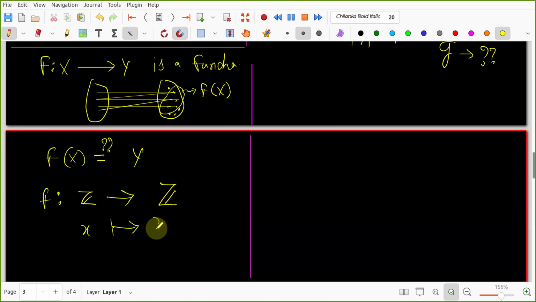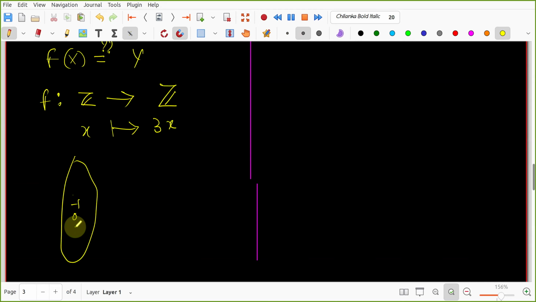So you look at the elements here, 0, -1, -2, 1, 2, 3, and so on, where 0 is mapped to 0.